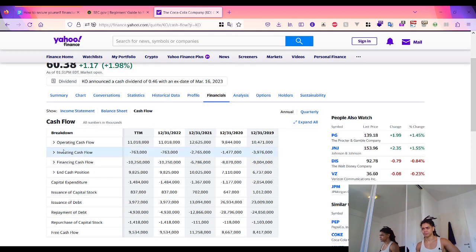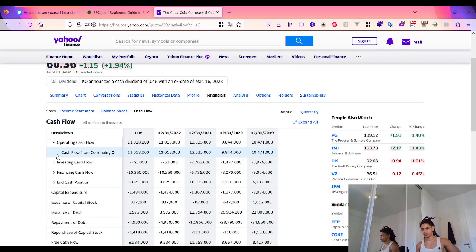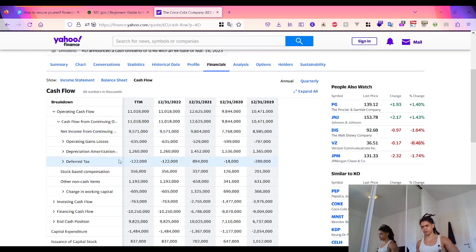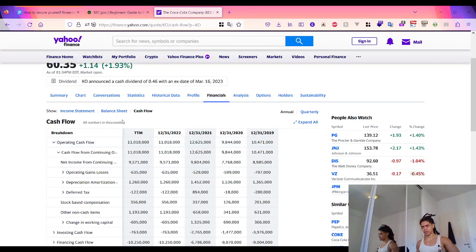Example of this. Okay, so cash flow from continuing operations, net income from continuing operations, after all, on the income statement.